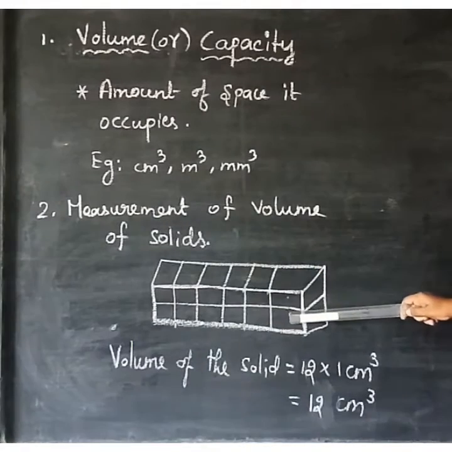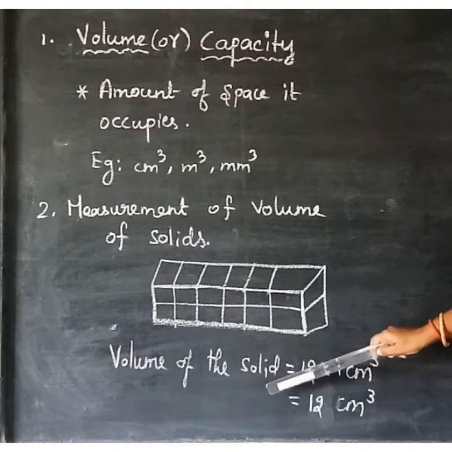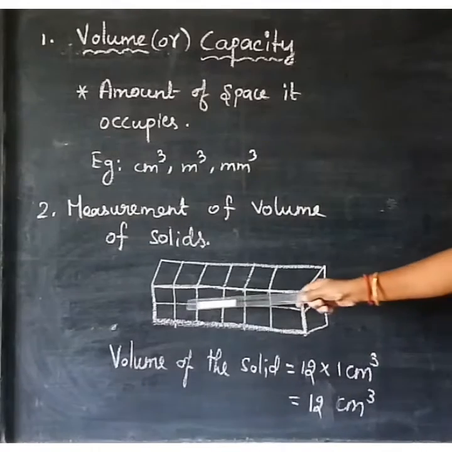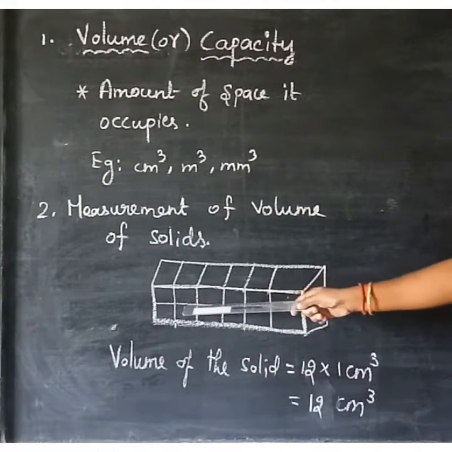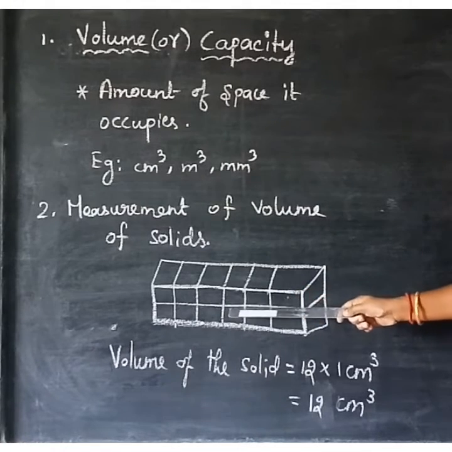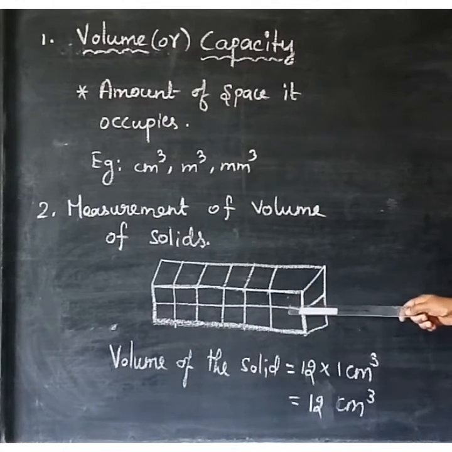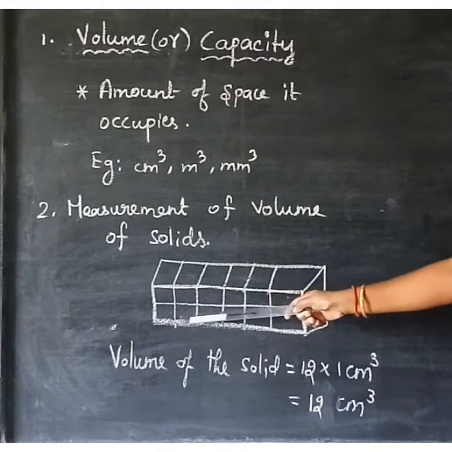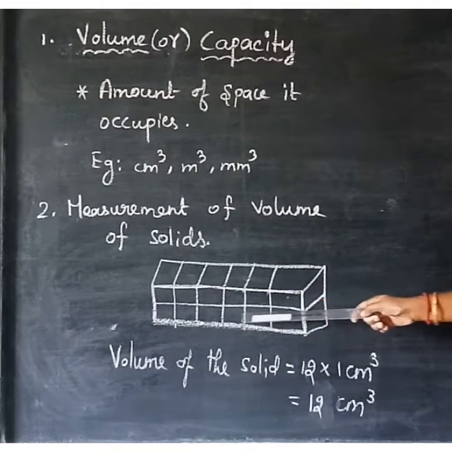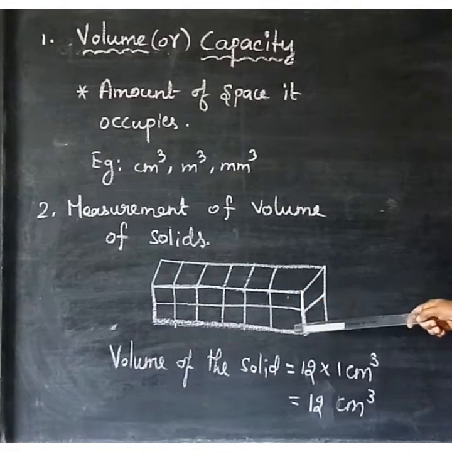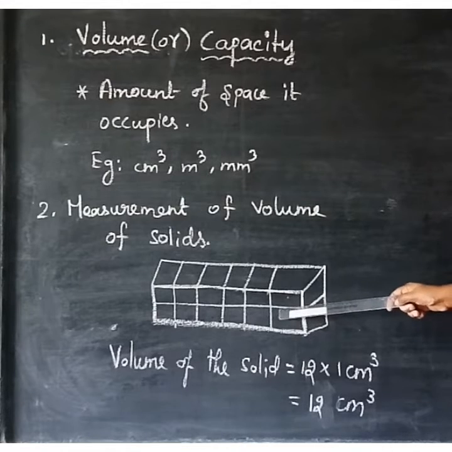This is the example of a solid. Find the volume of the solid. Find the number of cubes. 1, 2, 3, 4, 5, 6, 7, 8, 9, 10, 11, 12. There are 12 cubes.